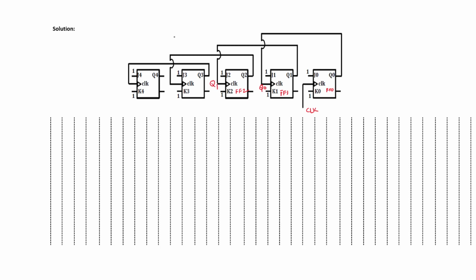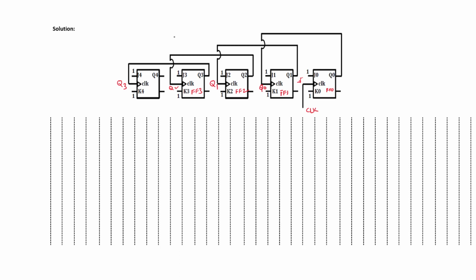Similarly, the output Q2 is connected to the clock input of flip-flop 3. So here the clock is Q2. Similarly, here the clock is Q3. All the flip-flops' JK inputs are 1. That means when a positive clock transition is applied at any one of these flip-flops, the output will be complemented.